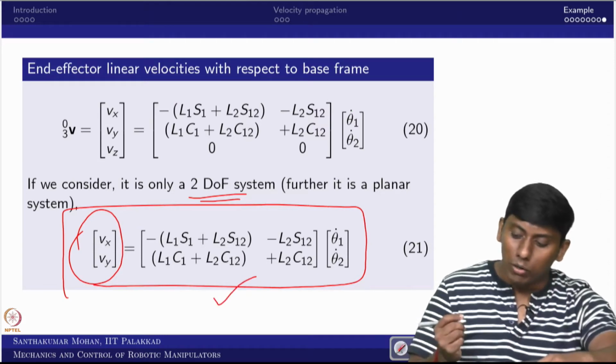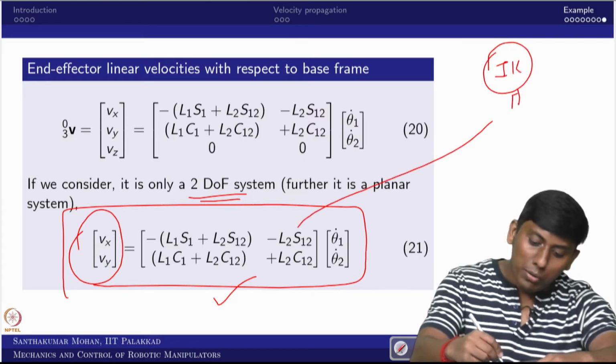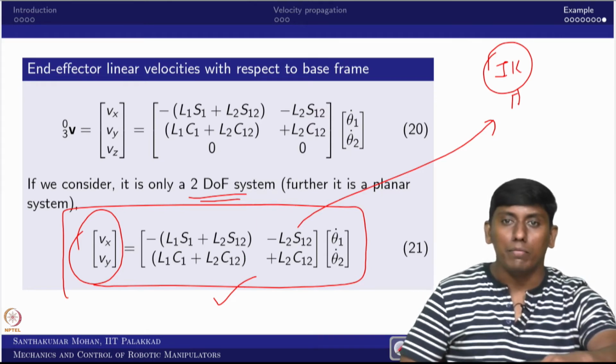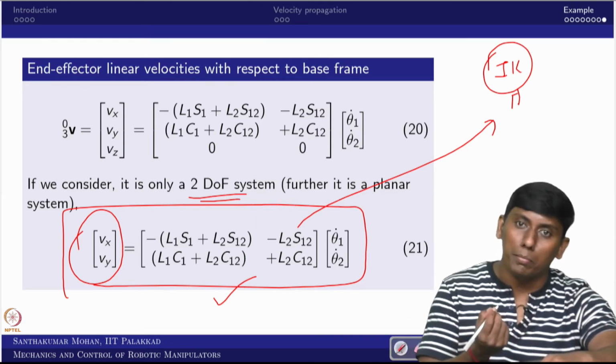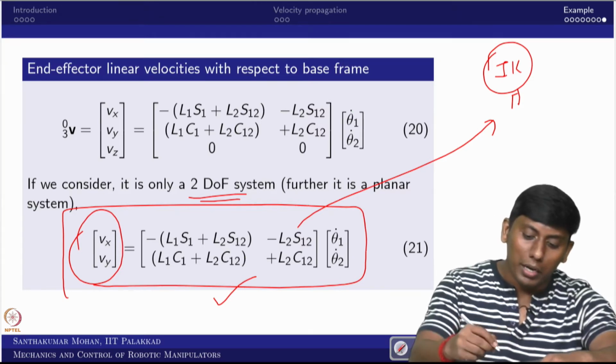You can recall we did this in the inverse kinematic model. So we obtain the same Jacobian here also, right? But here we obtained it with the help of velocity propagation. We did not partially differentiate, and that is the whole idea.